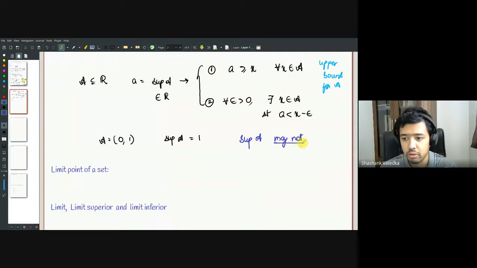So it may not lie in A. Okay. But can you give me an example of a set where the supremum lies within the set?